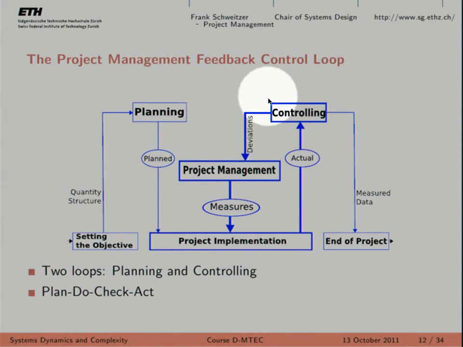This is the blue feedback loop. The project management task is to change something, to take corresponding measures. For instance, you see that your project is going to be delayed, so measures could be you make people work overtime, or you hire more people to do the job faster, so that at the end you can be on time.